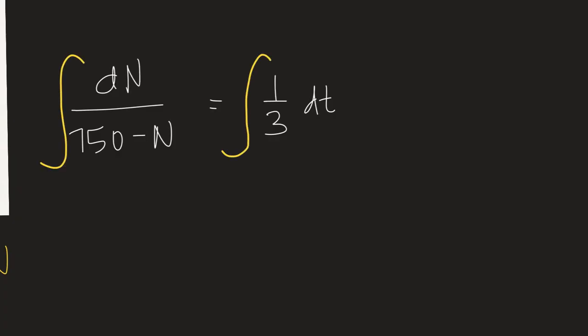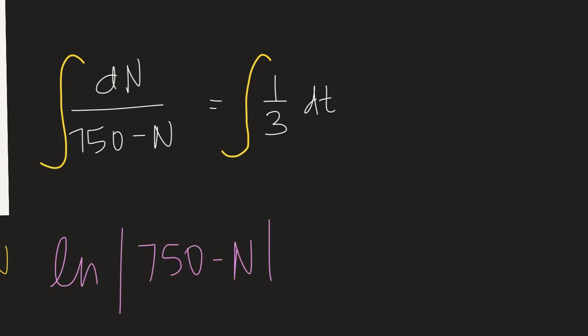Okay, 750 minus n. This is a linear equation. This is a natural log, 750 minus n, antiderivative. But what is the coefficient of n? -1, which means we have a negative natural log out there.